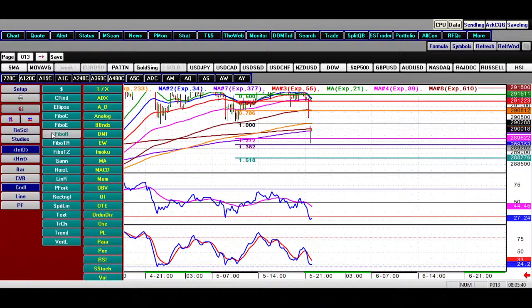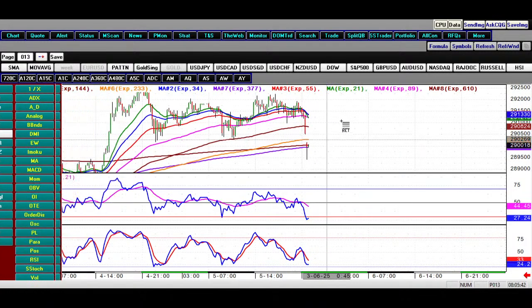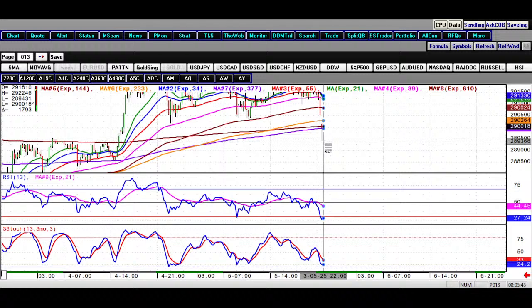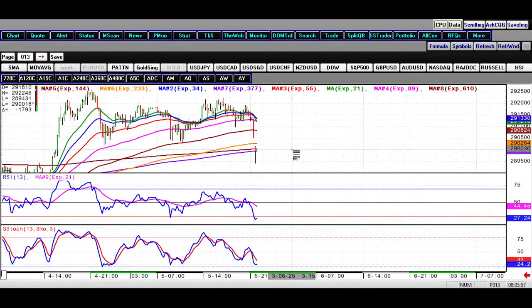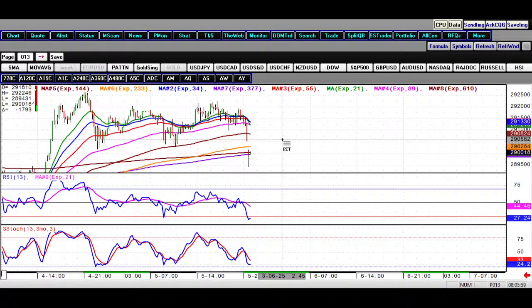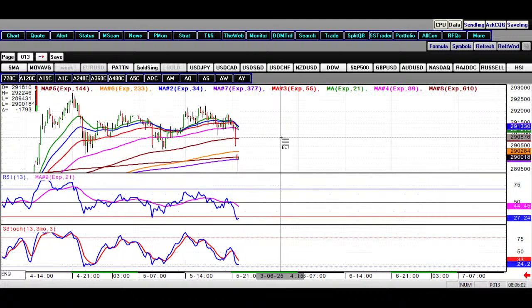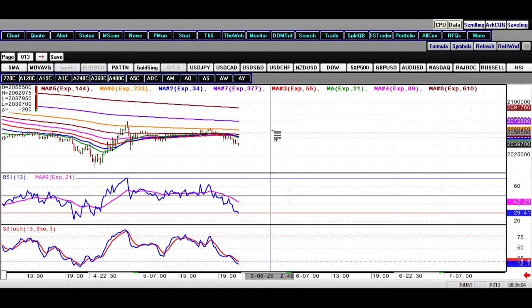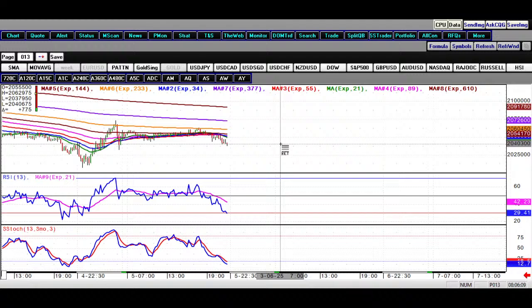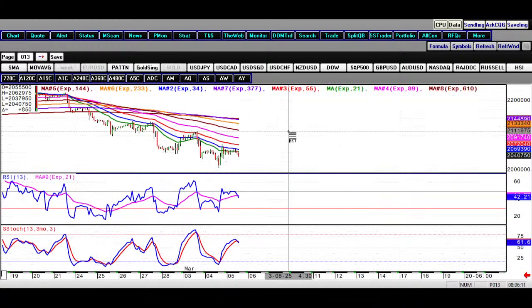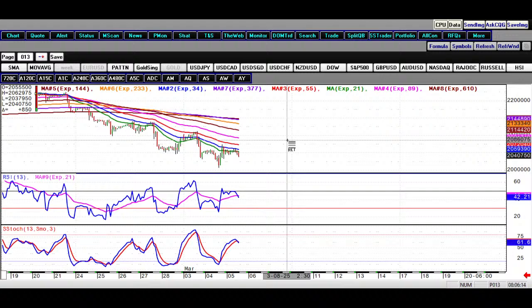So the gold, I think the low hit was 2893, and right now this is showing some strength, but without the data, there's nothing much we can do on this. Now let's go into Nasdaq.